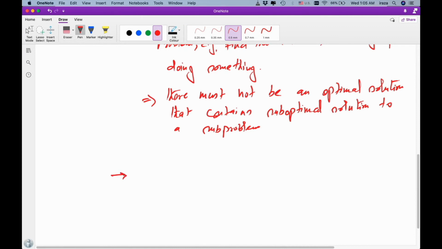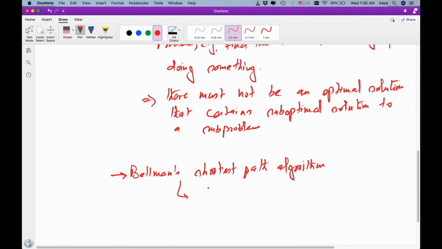So Bellman in 1957 proposed Bellman's shortest path algorithm, right? And initially, it was centralized.